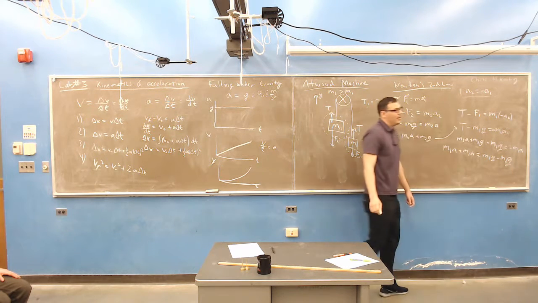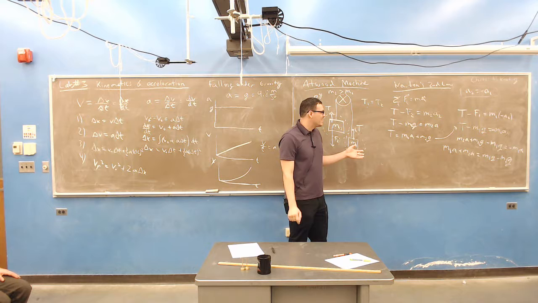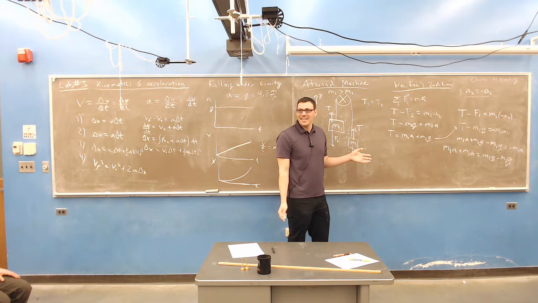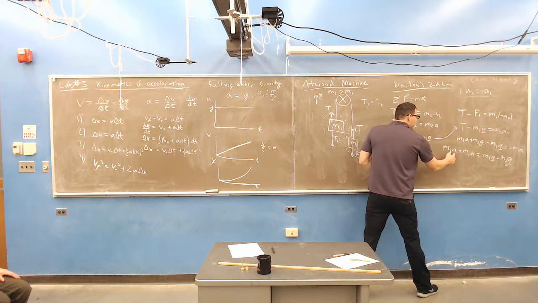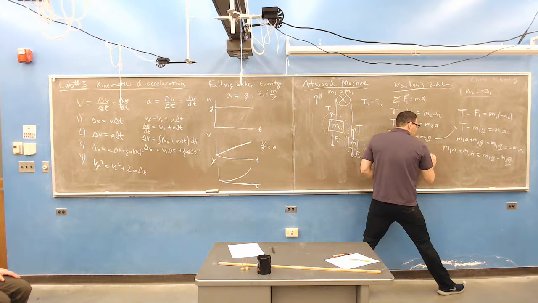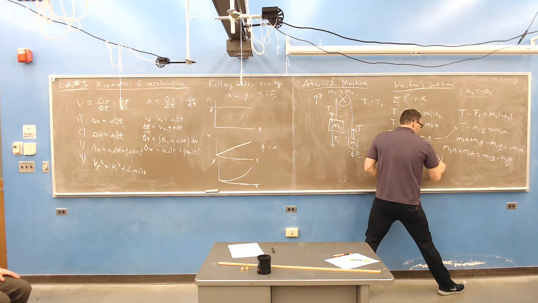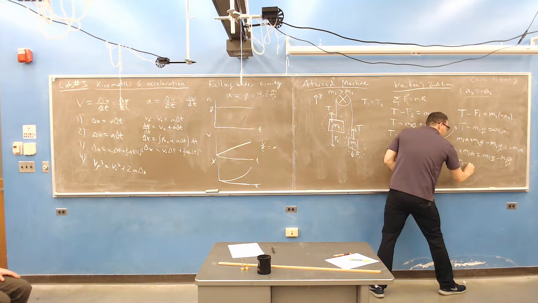All right, catch me now if I made a mistake, because we're going to get the final answer, and if it's not right, it's going to be embarrassing. Did I do that right? He's nodding, so I'm confident. I'm going to factor out the a, because that's what we're solving for. So m1 plus m2 times a, and I'm going to factor out the g: m1 minus m2 times g.